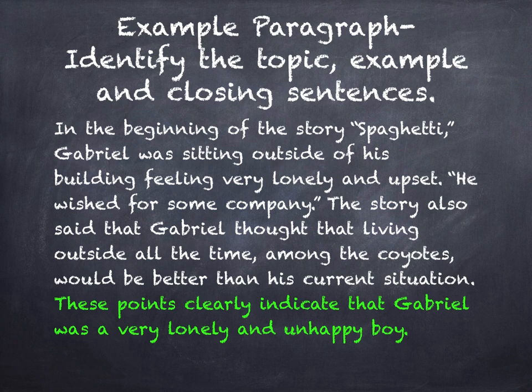So this sentence sums up the paragraph. It ties back to the topic sentence, it ties in the examples by saying these points indicate that he's very lonely and unhappy, which was said in the topic sentence. So your paragraphs need a closing sentence so that the reader knows that idea is done. That idea is not going to carry on into the next paragraph. So make sure you have that closing sentence that wraps up that entire paragraph.